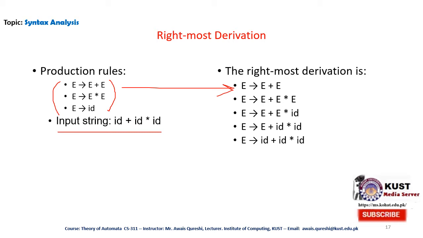So let's take the first rule and replace, as you can see we have replaced this E with E asterisk E, because E is equal to E asterisk E, and after that we have replaced the last E with this value over here, and similarly we have replaced this E with id and this E with id. So this is the last sentence which is the result of this process called rightmost derivation.